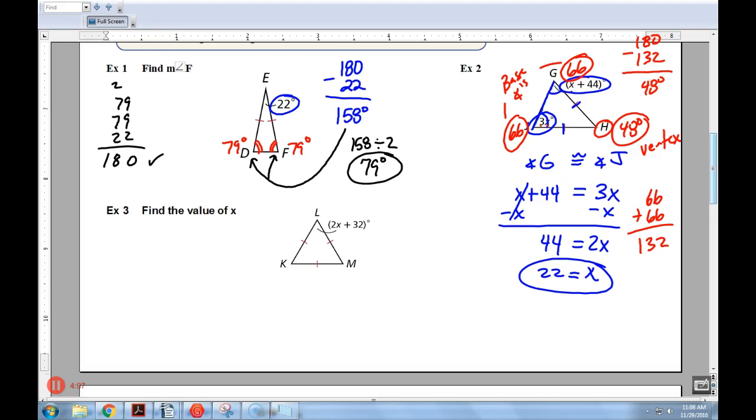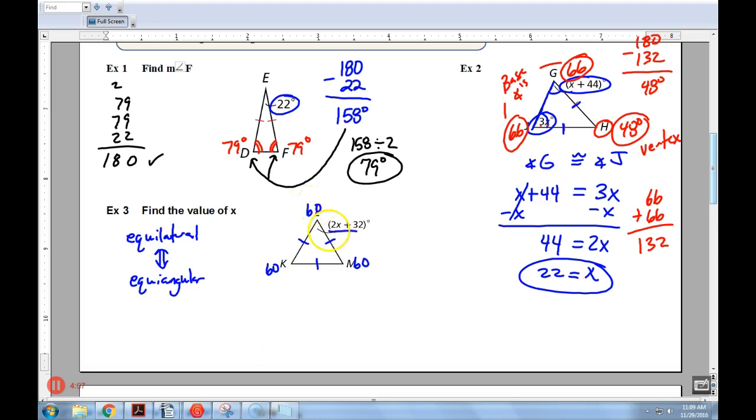All right, example 3, the first thing I notice about example 3 is I have 3 markings. So this is not only isosceles, this is equilateral. And a corollary is all equilateral triangles also have equal angles, equiangular. And we learned earlier that equiangular triangles, equilaterals, are always 60, 60, 60.